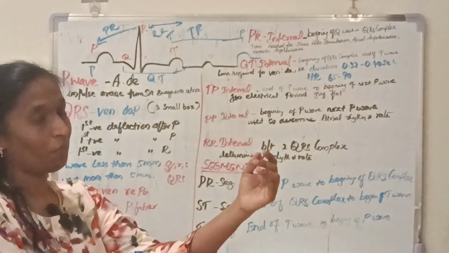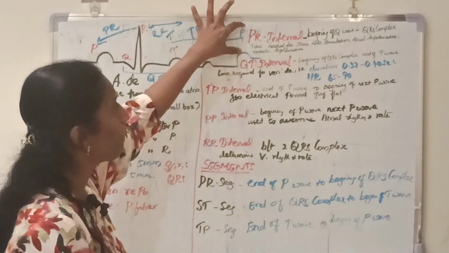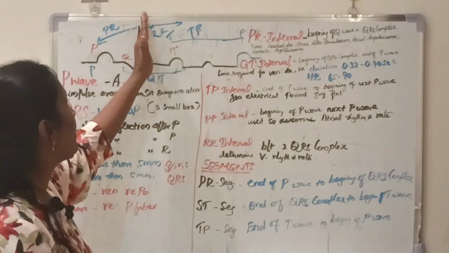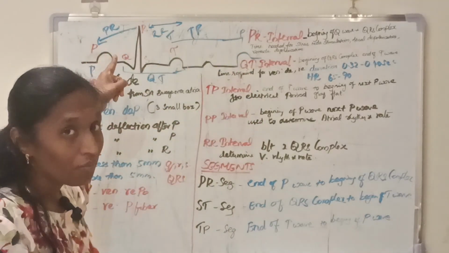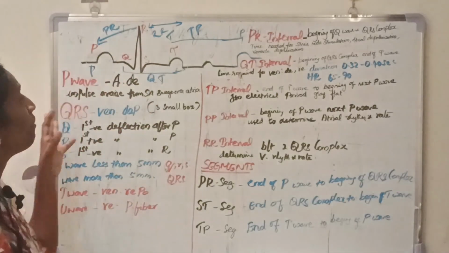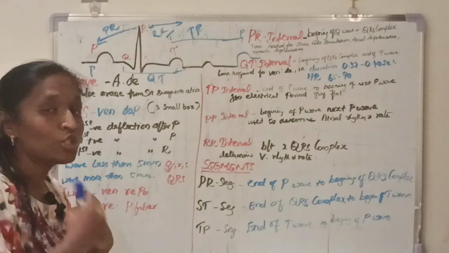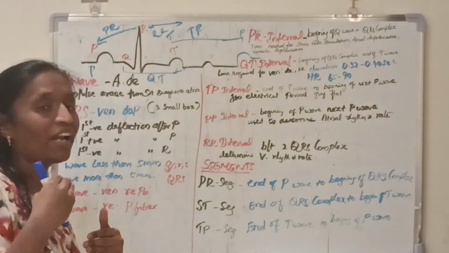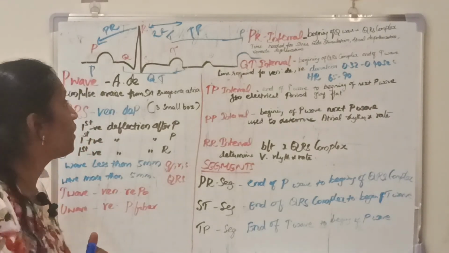These are the intervals. The first is the PR interval. The PR interval is from the beginning of the P wave to the beginning of the QRS complex. This is the time needed for sinus node stimulation, atrial depolarization and ventricular depolarization.